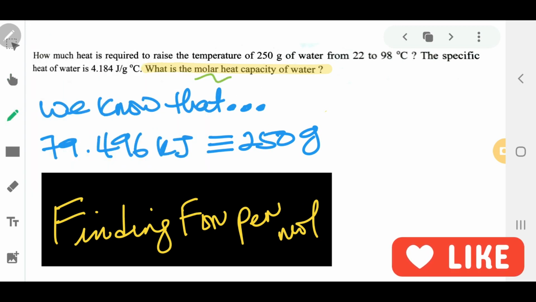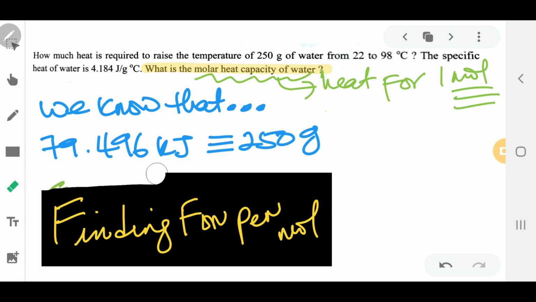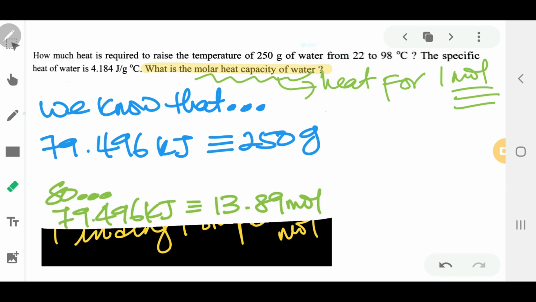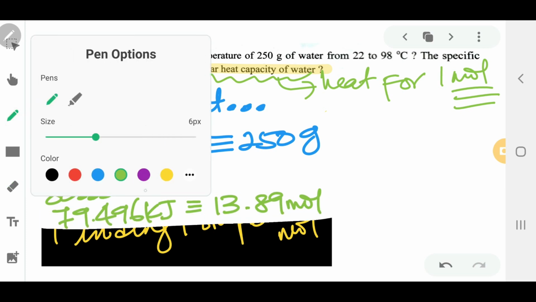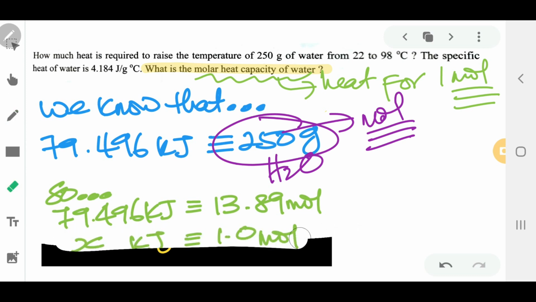The question over here wants you to find the heat for 1 mole. Okay? So because we need to do that, we need to first change the information of mass into mole. So you get 13.89 mole. So this is for the H2O. And we will compare with 1 mole.